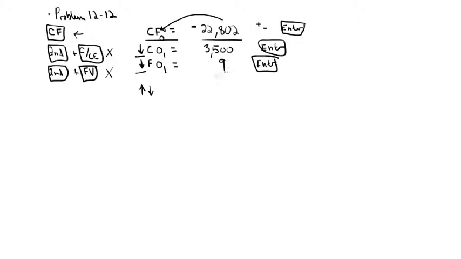That puts the number 9 into this category. The frequency of that year 1 cash flow is 9. Now let's make sure there are no other cash flows. No. King's has a cost of capital of 10%.